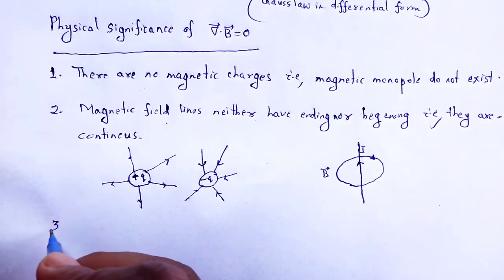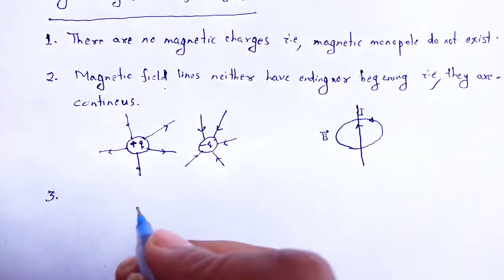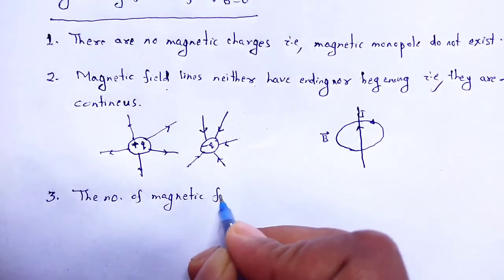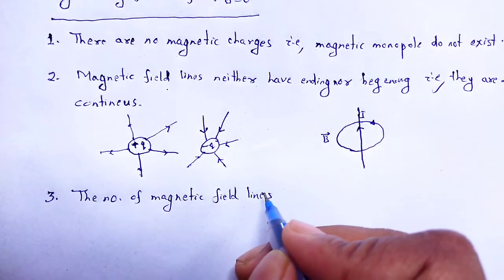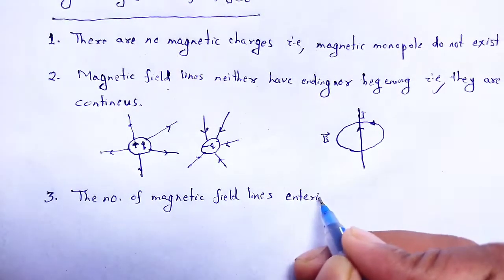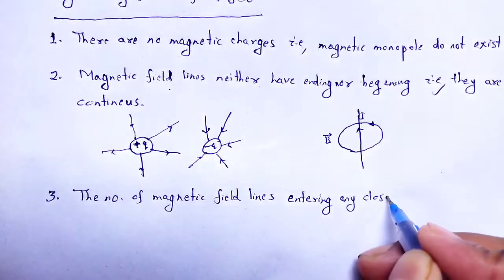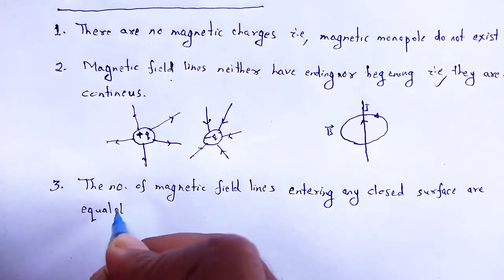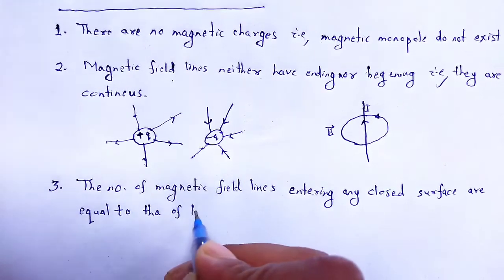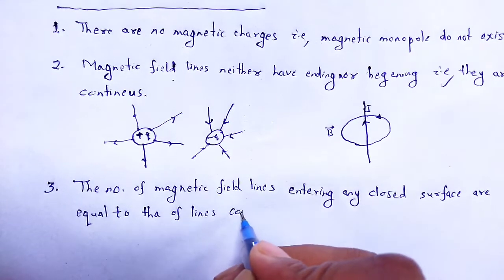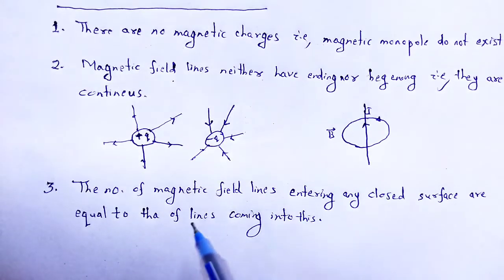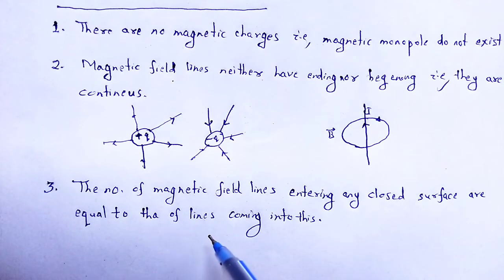Next property, the number of magnetic field lines entering any closed surface is equal to the number of lines coming out.